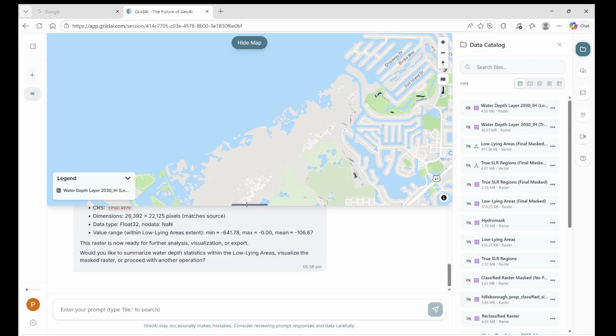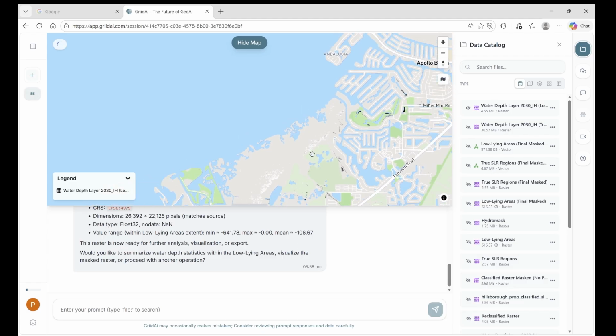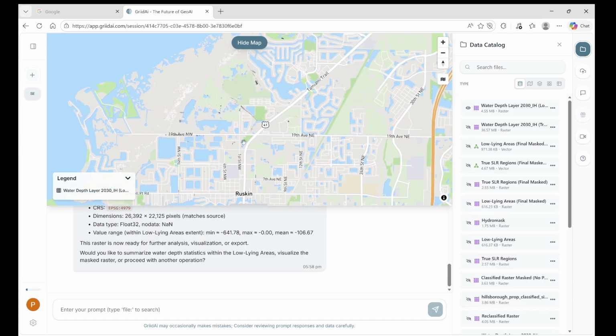So the whole objective of this experiment was to see how the sea level rise radiates over the land regions. And by the end of this experiment, we have been able to visualize and see the areas where the water has intruded and easily demarcate them.